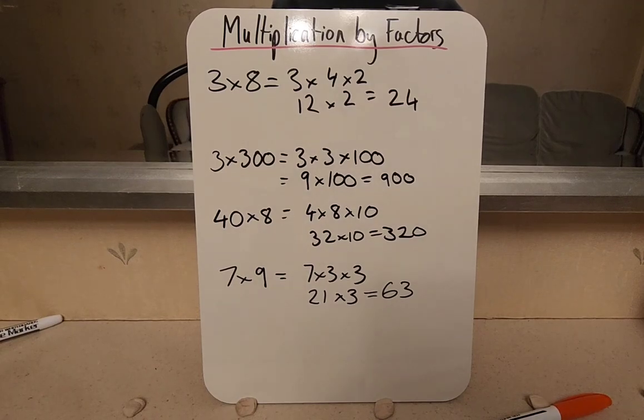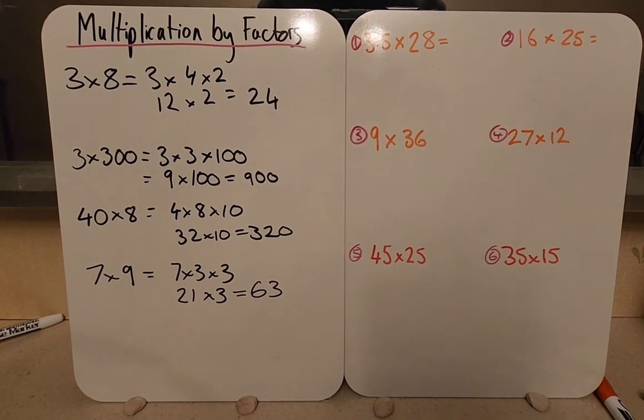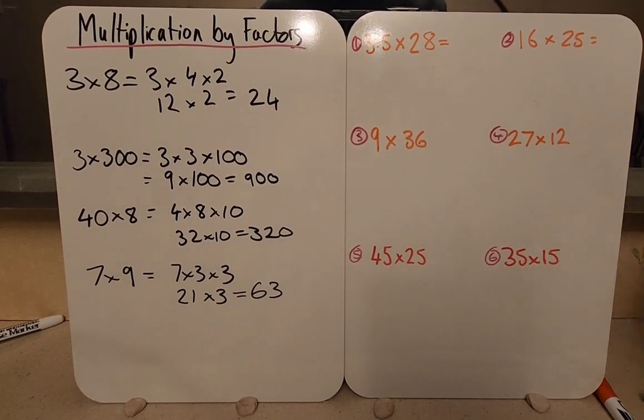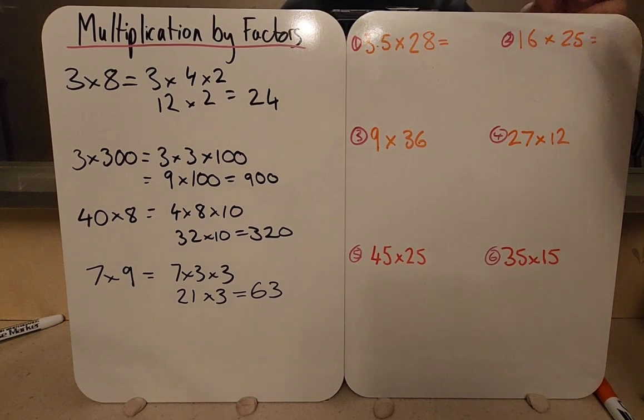So here we go, guys. We've got a couple of example questions. I think you can tell that the exercise questions for you to try are harder than the example questions. The reason is I wanted you to get an understanding of what we're doing here, but actually applying the technique and finding the factors of these numbers is what's really going to help you.